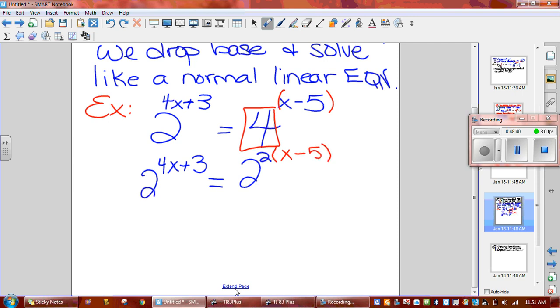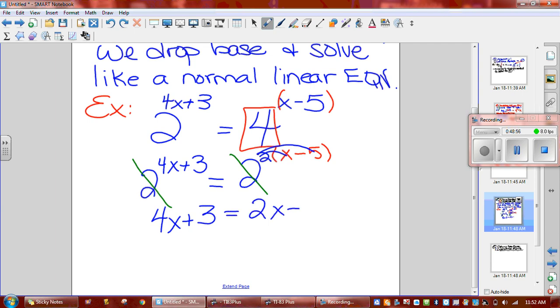Now that our bases are the same, we're going to drop our bases, and we're just going to solve for x normally. Now because there are brackets, we've got to multiply that 2 into the brackets. So we're going to have 4x plus 3 equals 2x minus 10. And now we are going to move our x to the left and move the constant to the right.